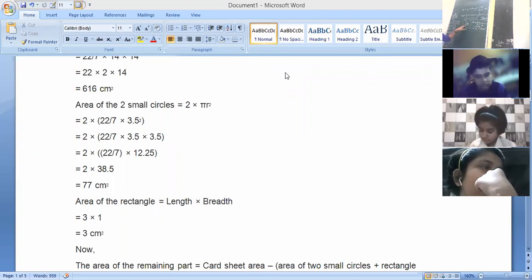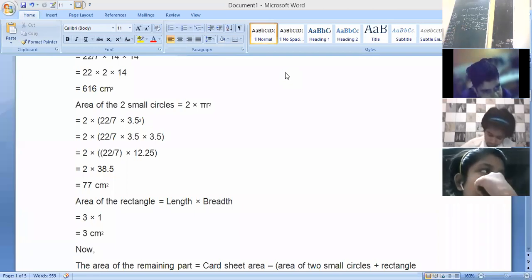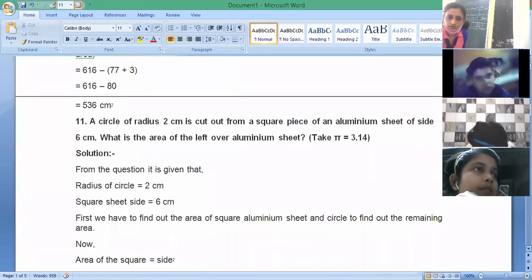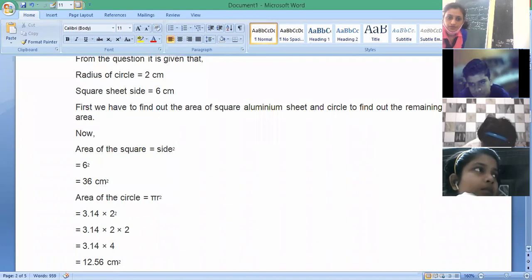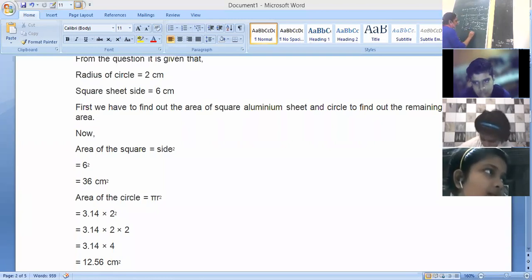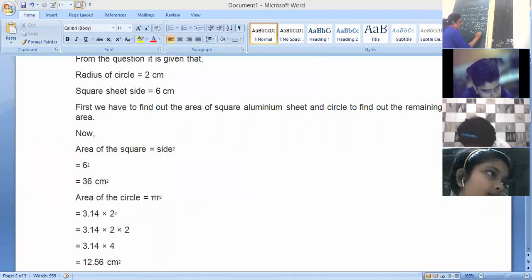Now 2 centimeter radius is already given here. So area of a circle is pi r square. The formula of area of a circle is pi r square.